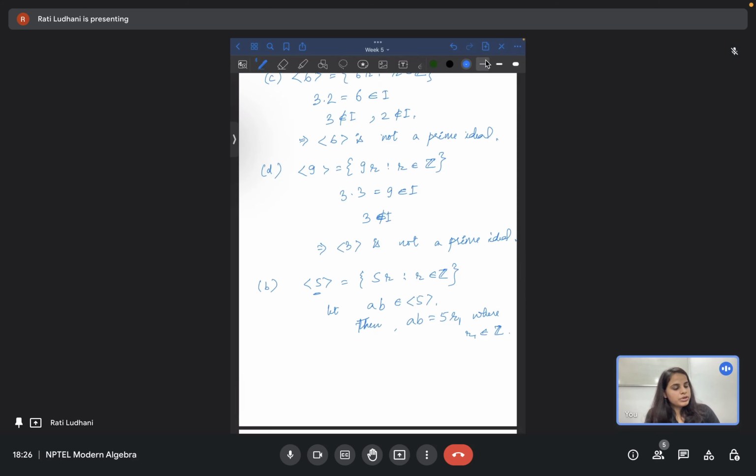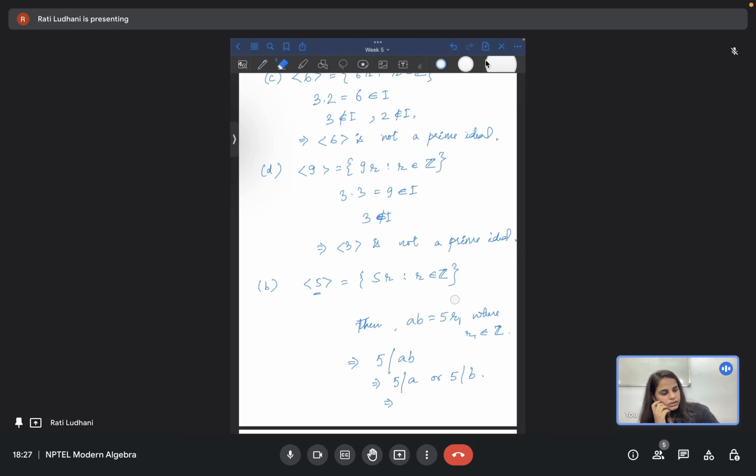Now if you want to check, 5 divides AB. This is the definition of prime. If 5 divides AB, then 5 divides A or 5 divides B. This is the definition of prime, right? So one of them should be a multiple of 5.